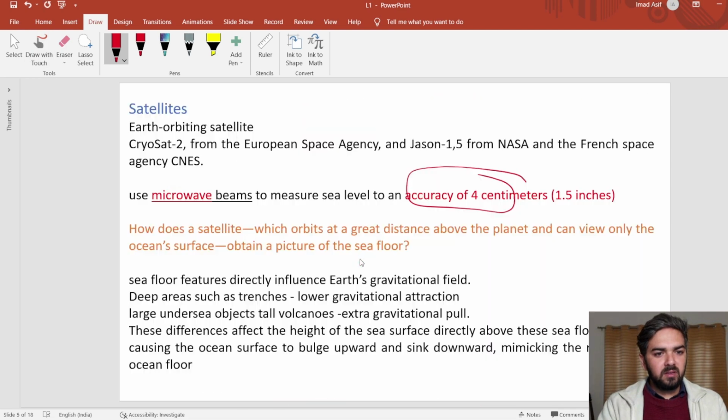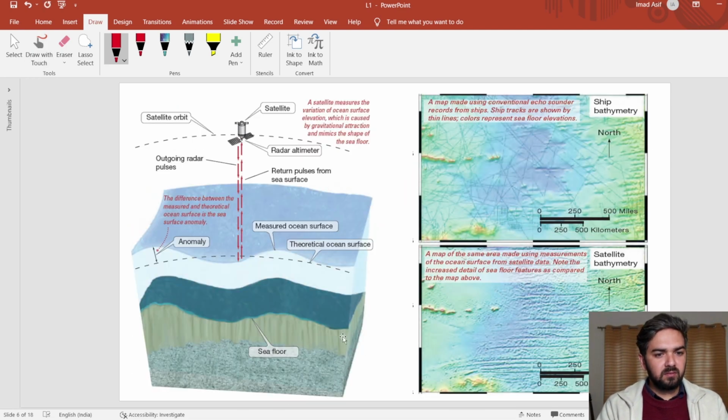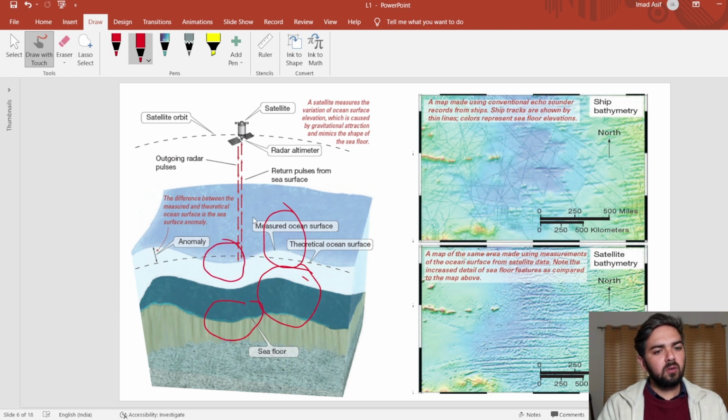You can see in this slide, here the ocean floor is higher, and we have a higher water surface. The ocean floor is lower, and the water surface is also lower.